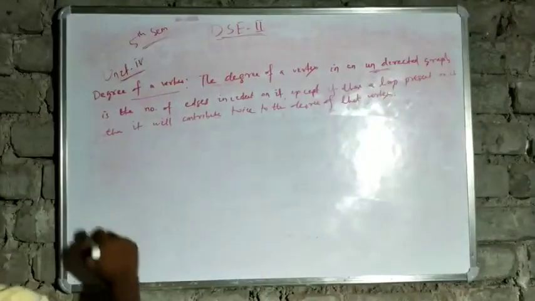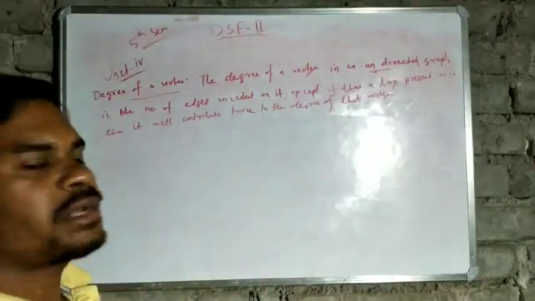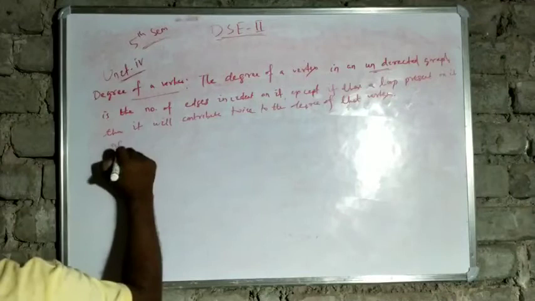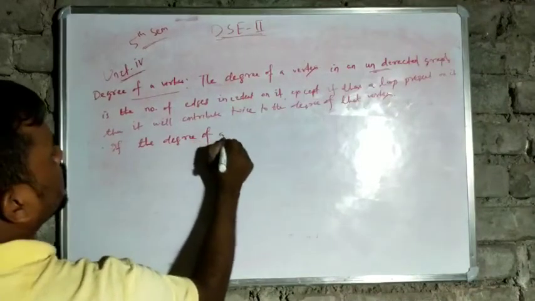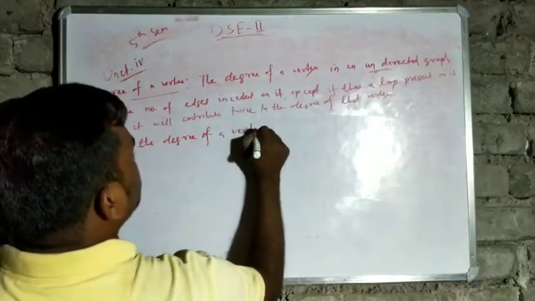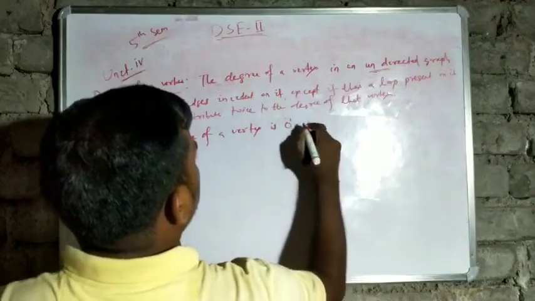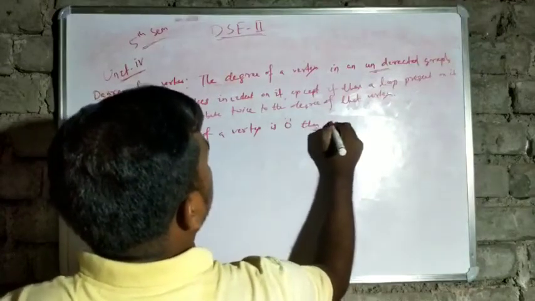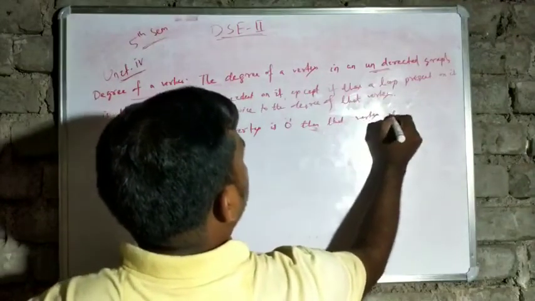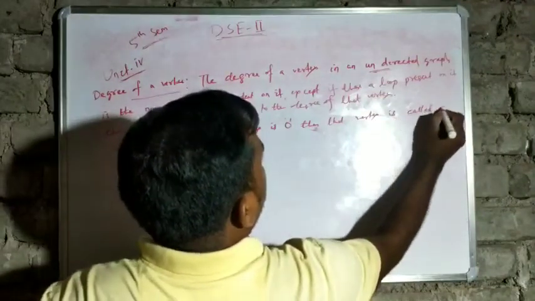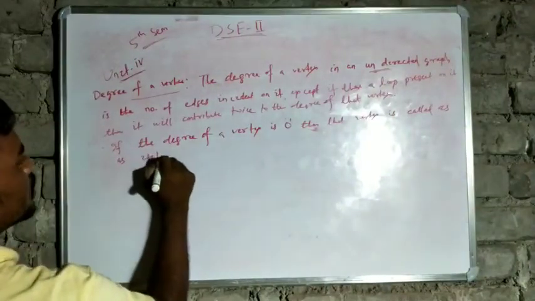Now if the degree of a vertex is 0, we call it an isolated vertex.